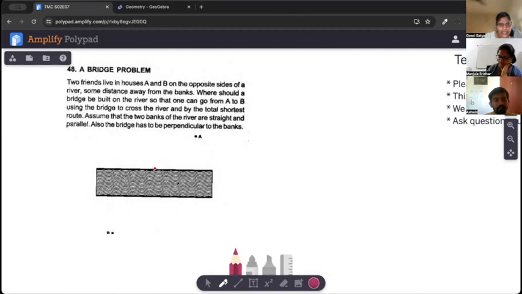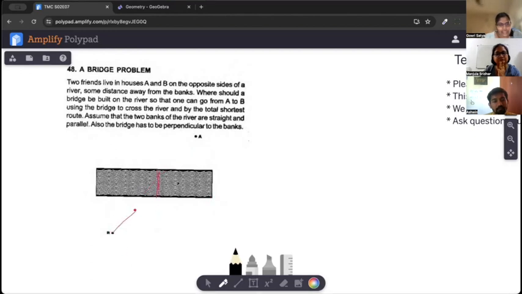It has to be like this. If we take the shortest path, it would come somewhat like this, but it would not be perpendicular to the river banks. So it has to be like this.